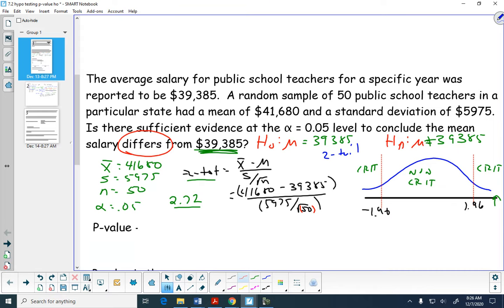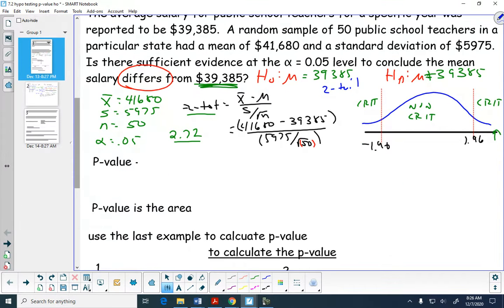If we're in a critical region, we can now reject the null hypothesis of the mean salary of 39,385. So we can reject that, and if we wanted to, we can have a different study with a bigger sample size and get an actual value.